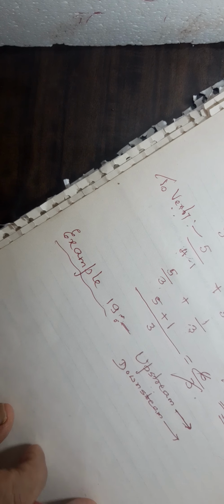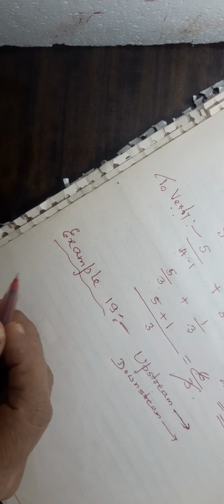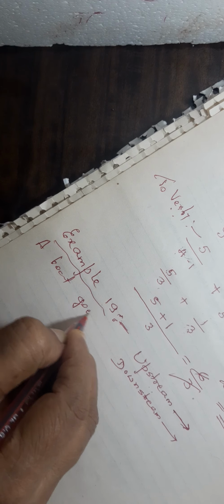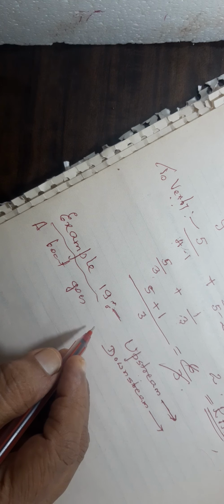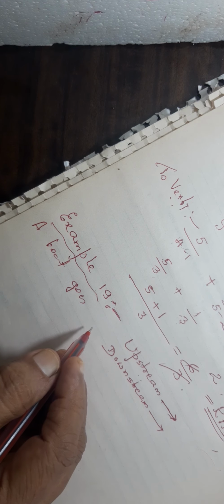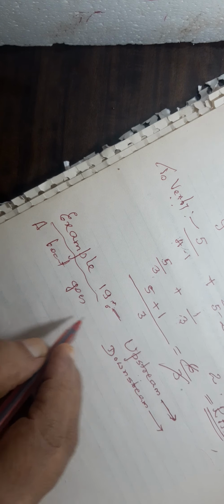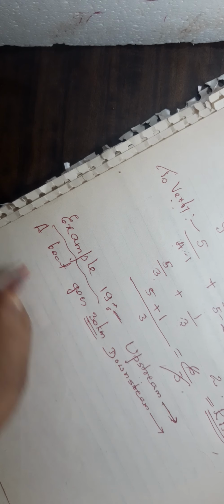Okay, now example 19. So let's read the sum. You should have the textbook. A boat goes 30 kilometers upstream. So that is the distance given.